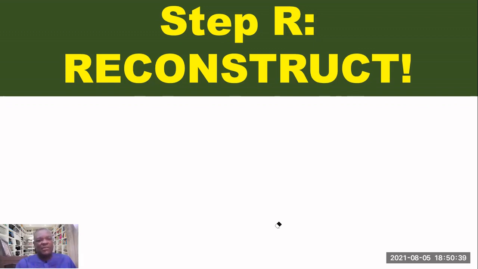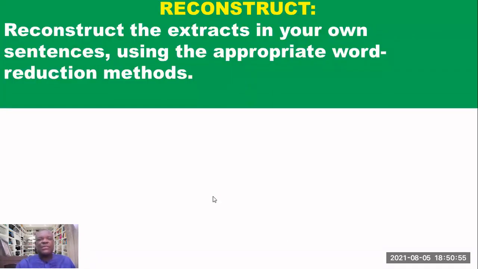In summarizing, it is called mindless lifting. When you just copy word for word from the passage, you lose marks, all right? So having said that, let's go to the next step, which we have already explained: reconstruct the extracts in your own sentences, using the appropriate word reduction methods.